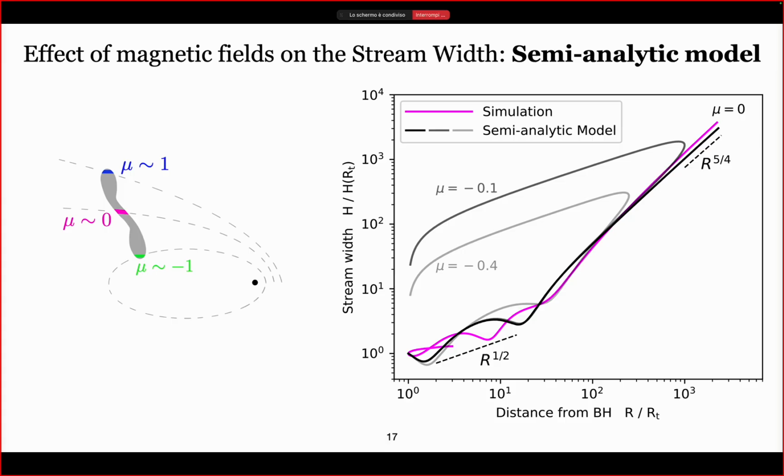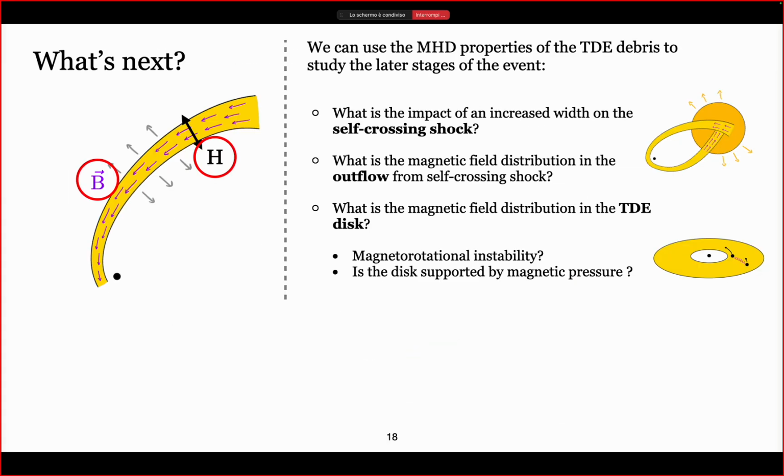And so with both these tools, we are able to constrain the magneto-aerodynamic properties of the stream, both the width and also the magnetic field, which I didn't have time to talk about today. These results will be useful to study the later part of this event.